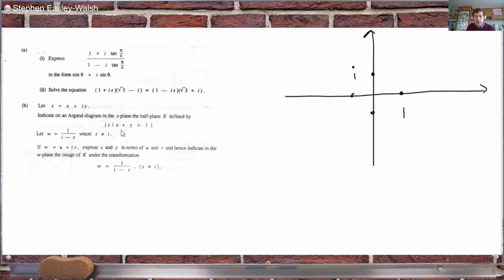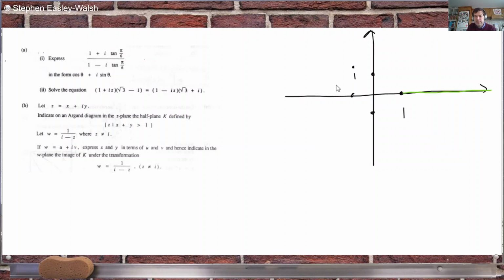Okay, so we want the real and imaginary part to be more than 1. So for example, when y is 0, then you need x to be more than 1. So that's like here, x needs to be more than 1.